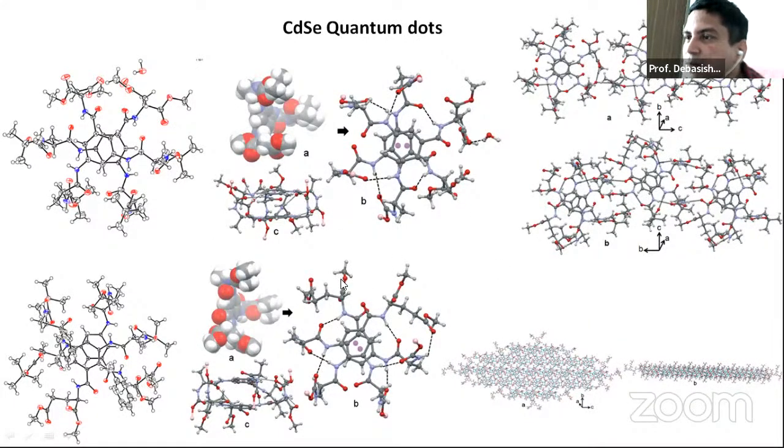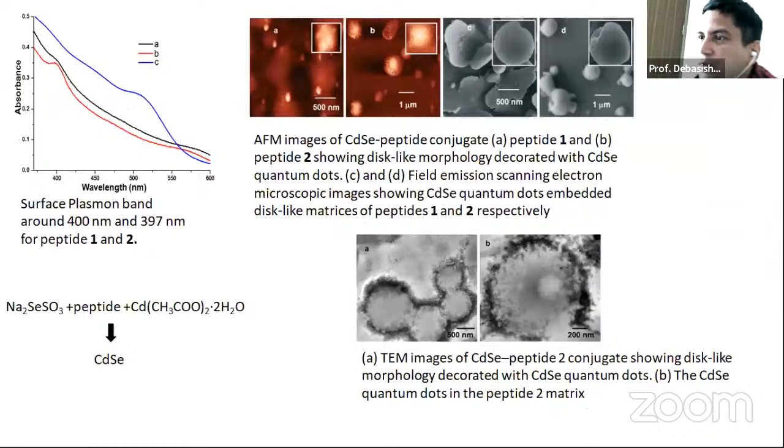If you put two such ball-like structures together, you will get a capsule-like structure. So that is the capsule. It's a single ball, and then you put two balls together to get a capsule-like structure. And that was the design. We wanted to put one quantum dot inside the capsule so that it can act as a better contrast label. And yes, we have developed that kind of capsule, and then we have developed the quantum dot.